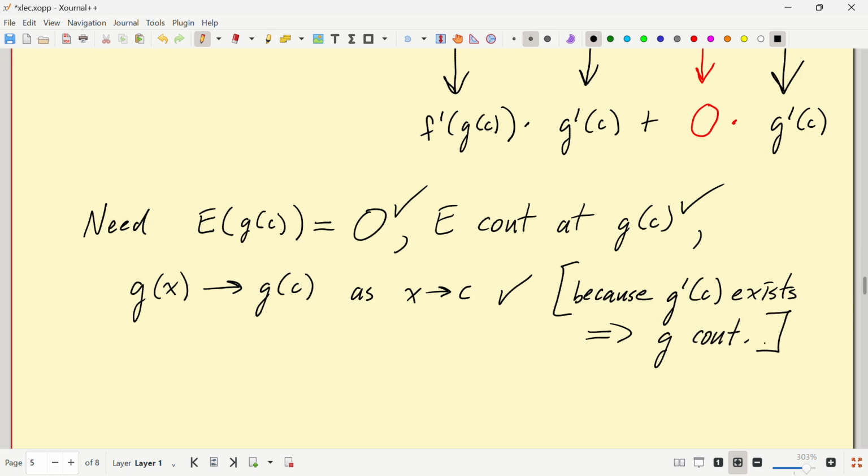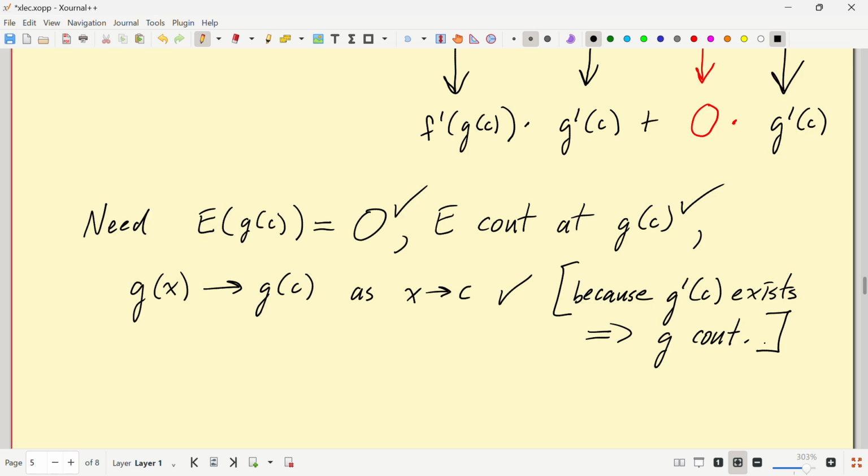Okay, so that's the adult proof of the chain rule that doesn't do anything sloppy. Questions about that? Okay.